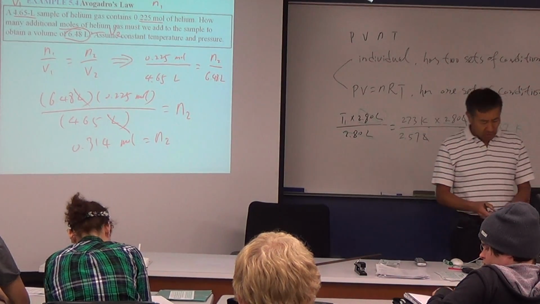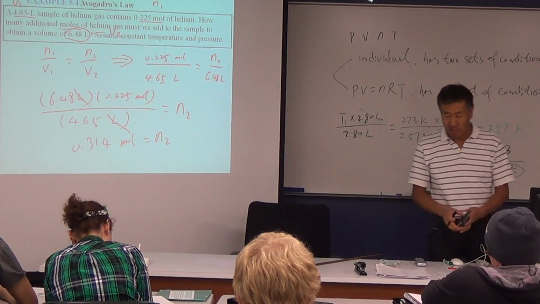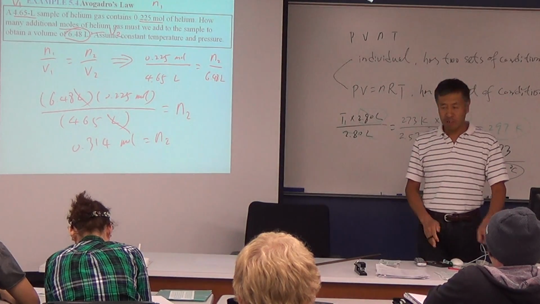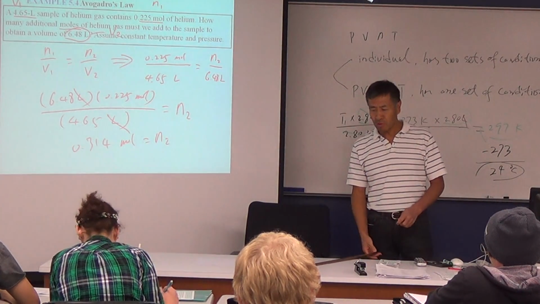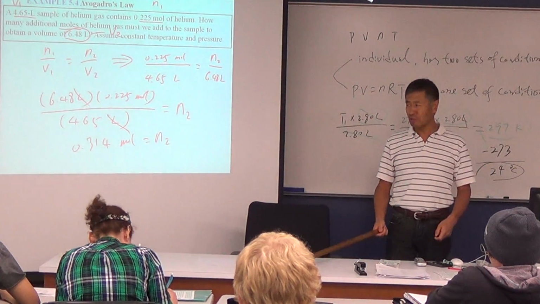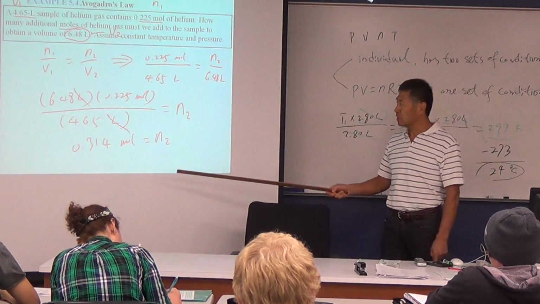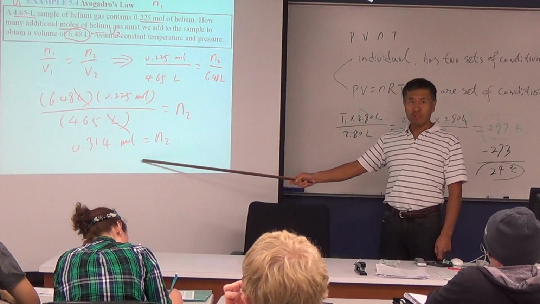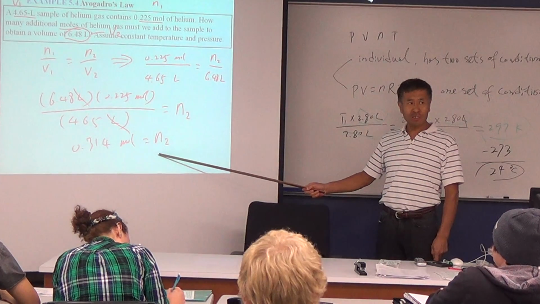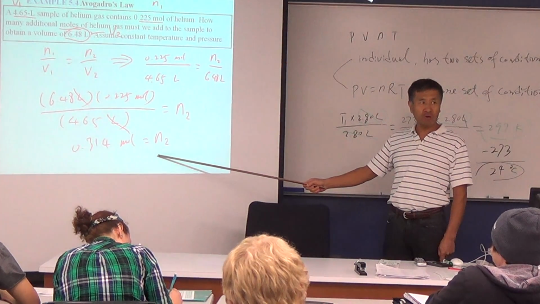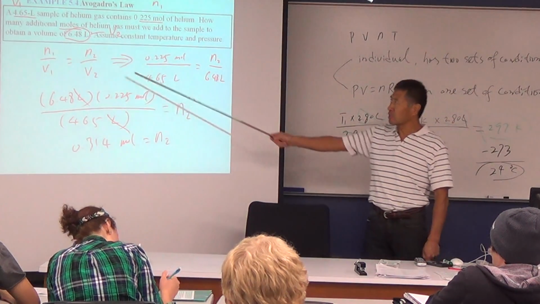Just read the question carefully. I hope you do the same, read the question carefully, like for today's exam. Those questions sometimes give you the answers, maybe you will see the answer, but not really the right answer. So this n2 is how much you have for this volume.